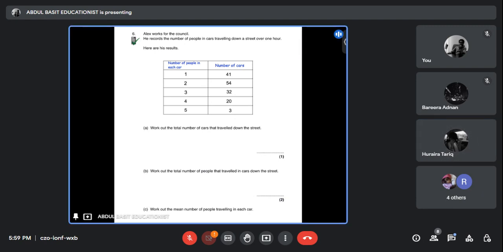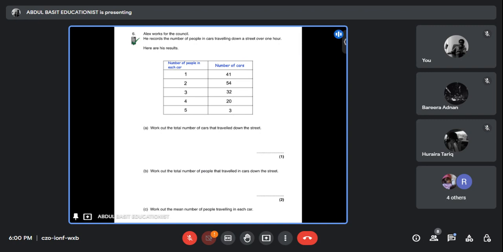Okay, now look at the table very carefully. Right? Barira, the first column is what? Number of people in each car, right? Yes, sir. So according to the first column, one person is sitting in 41 cars. Agree? It means that 41 cars have only the driver. Agree?